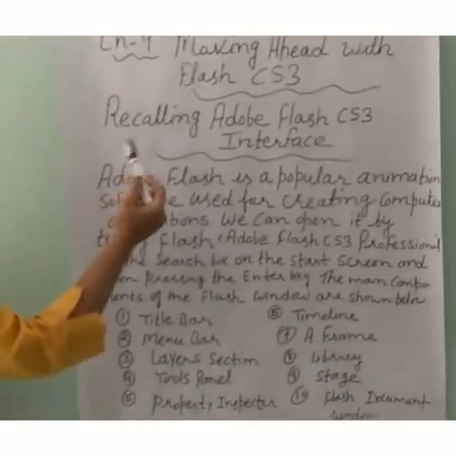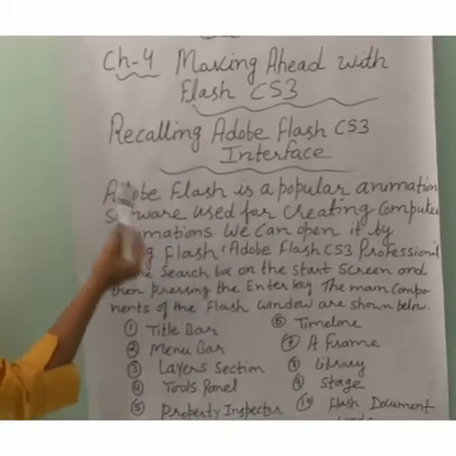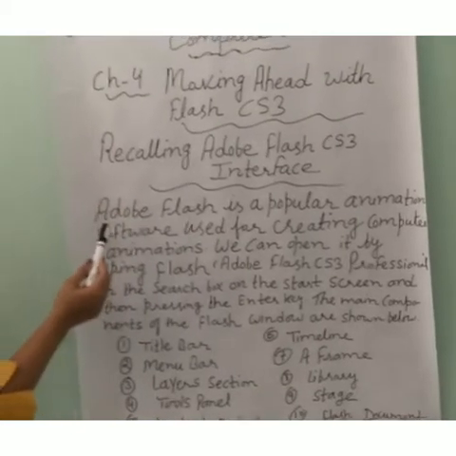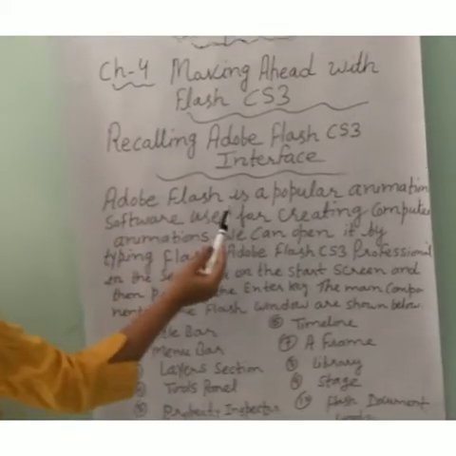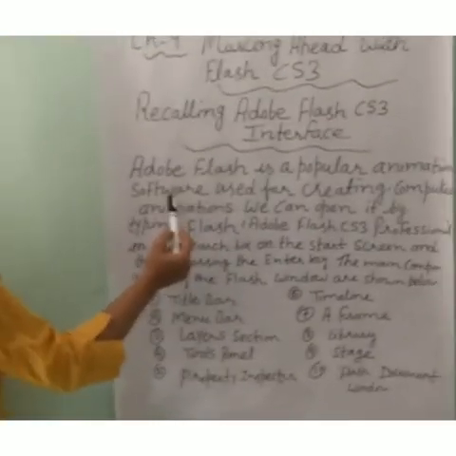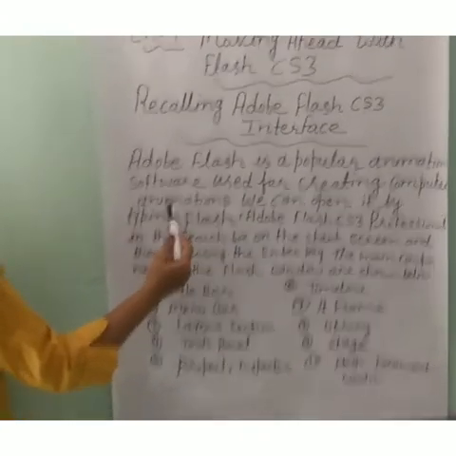Next, Recalling Adobe Flash CS3 interface. So students, let's start the introduction basics. Your chapter Flash. So students, Adobe Flash is a popular animation software used for creating computer animations.